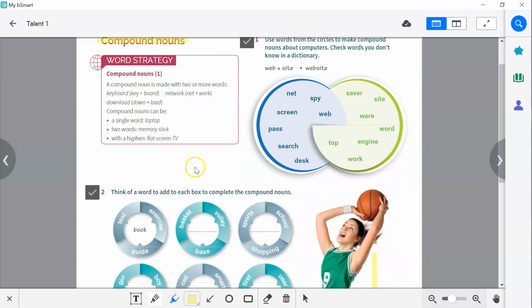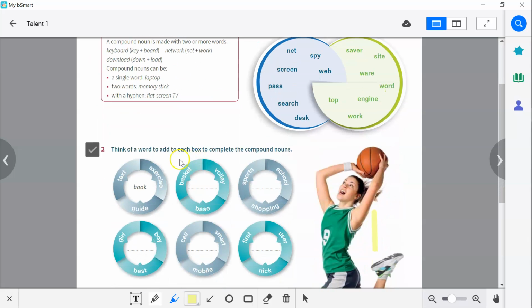Now, the first activity we are doing is to think of a word which may be used with all the other three words around. For example, we have textbook, exercise book, guide book. Quindi libro di testo, libro degli esercizi, eserciziario, guida.